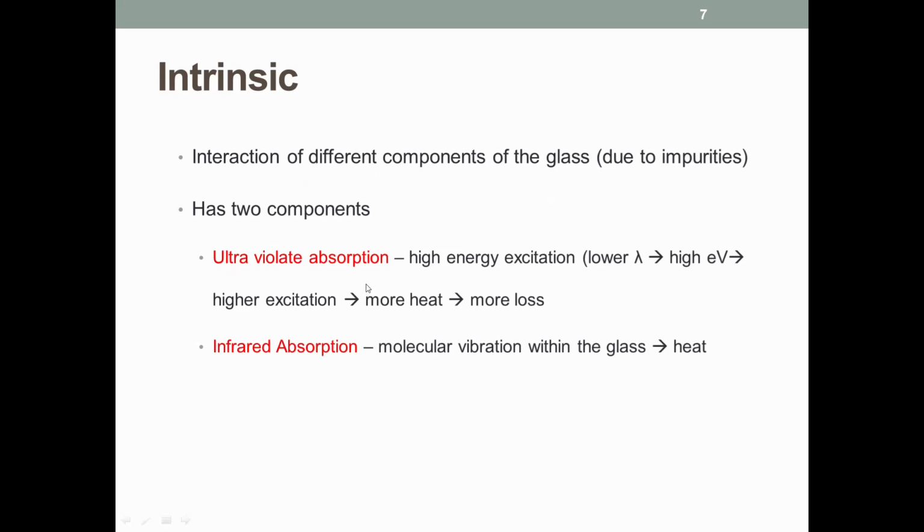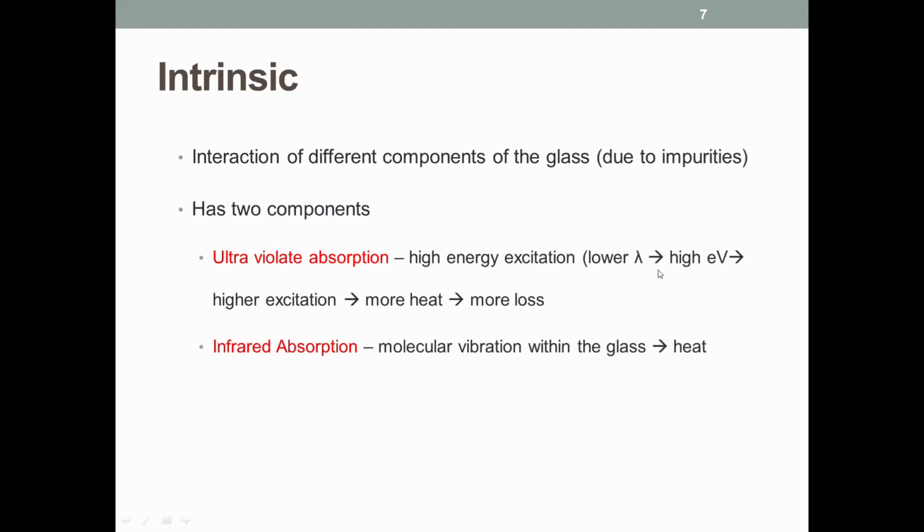There are two types of components in intrinsic absorption. Intrinsic is due to the impurities in the glass. First, ultraviolet absorption: high energy excitation. When a lower wavelength is used, we have a high energy band and the transition is high.